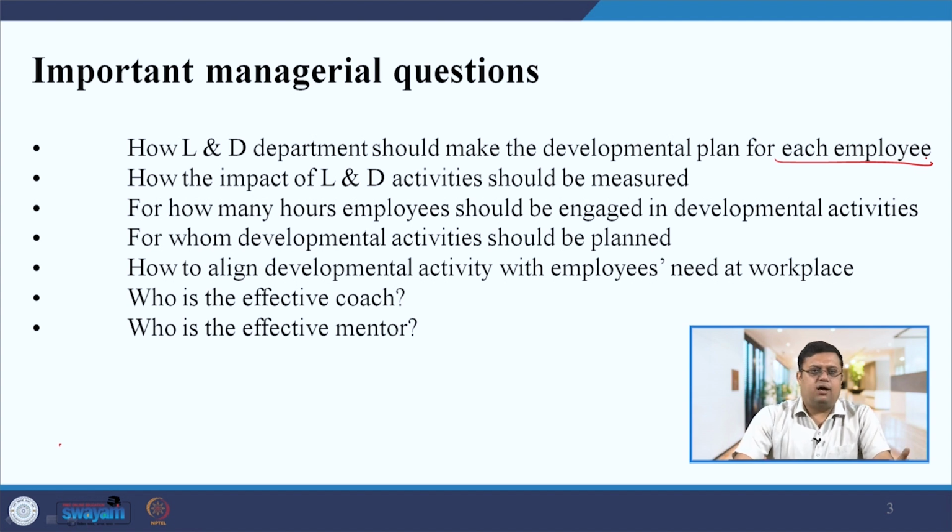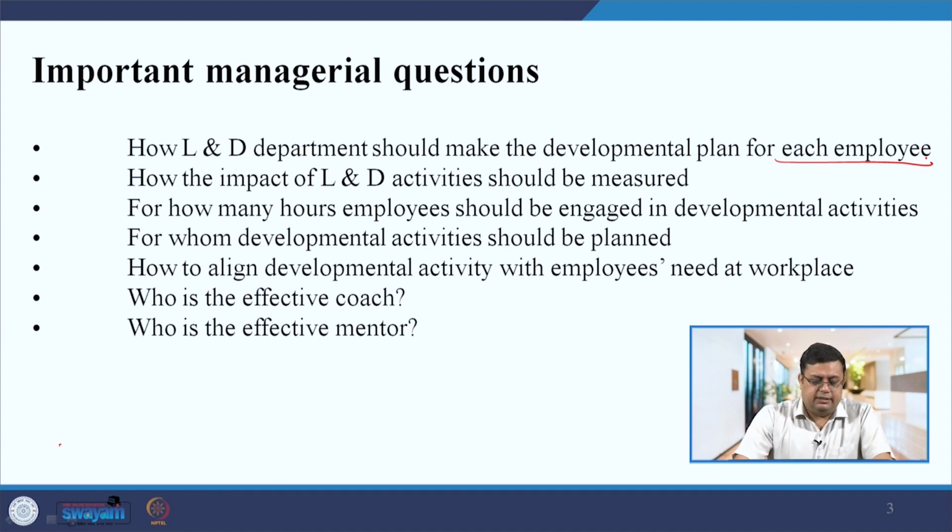Now, if you want to increase the retention rate inside the organization, if you want to reduce the attrition rate of employees, then you have to develop an individualized employee development program. So, that is the one question that each manager wants to know: how the individual development plan should be developed within the organization.